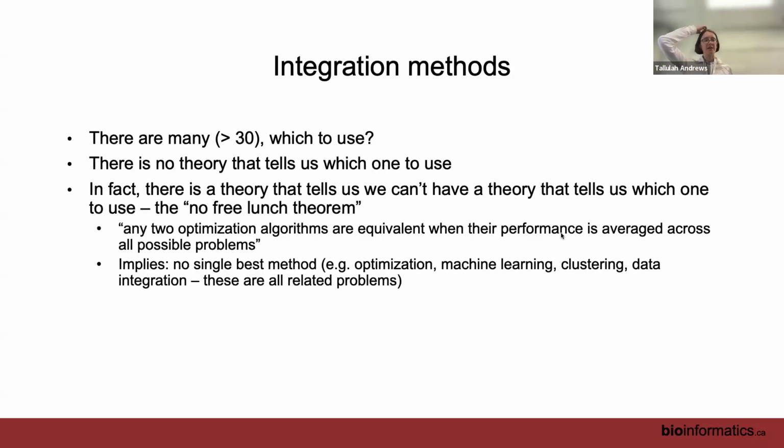And in fact, there's a theory that tells us we can't ever have an answer for which one is the right one to use, because fundamentally, when you're trying to optimize something like the alignment of two data sets, the best way to do that will differ depending on what specific data you're talking about. So if you try to look for what's the best across all possible data sets, there is no correct answer.